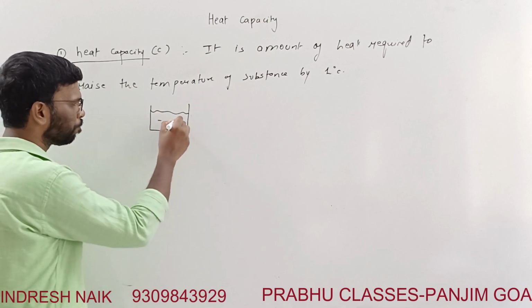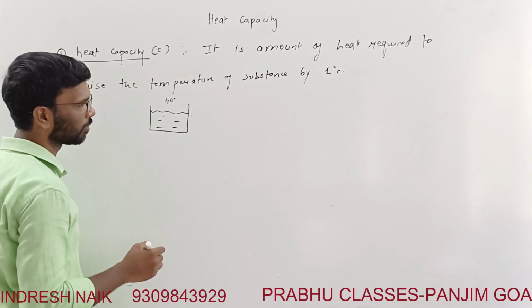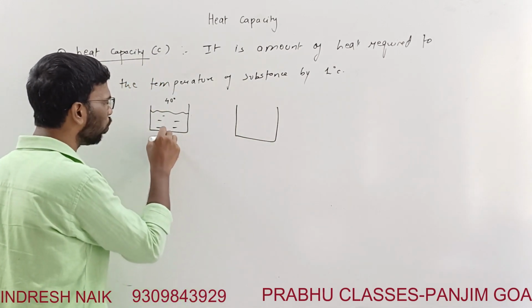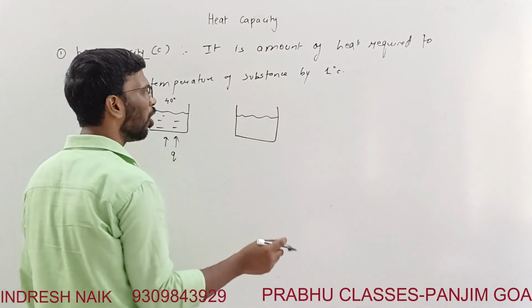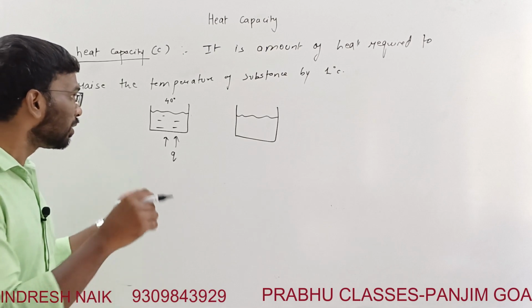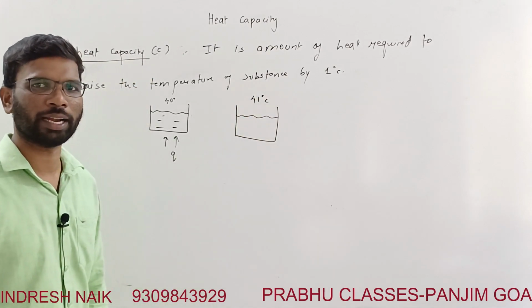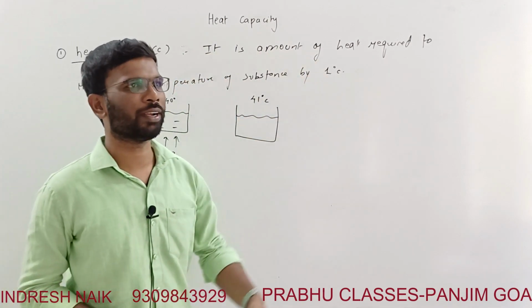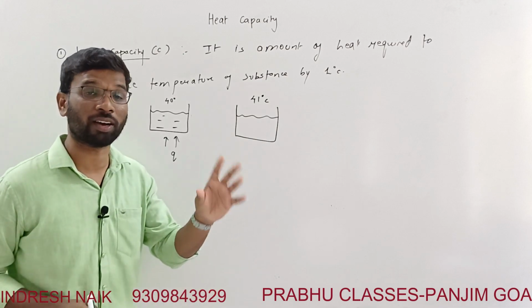Now let's say there is a glass of water, and let's say this is at 40 degrees Celsius, right? And you have to supply heat to this. How much heat do you need to supply such that the temperature will become just 41 degrees Celsius, right? That heat is the heat capacity. Let's say I'll just take some random values, it is not correct values.